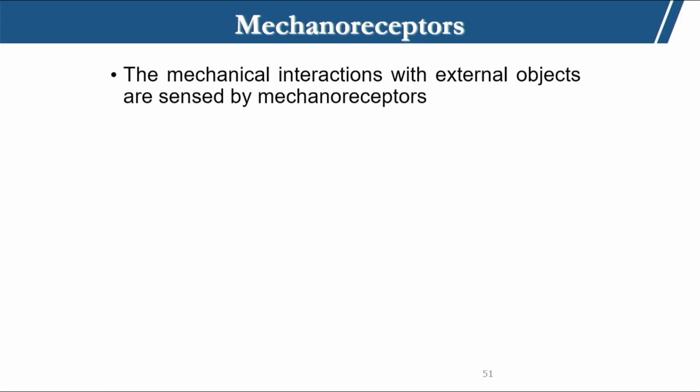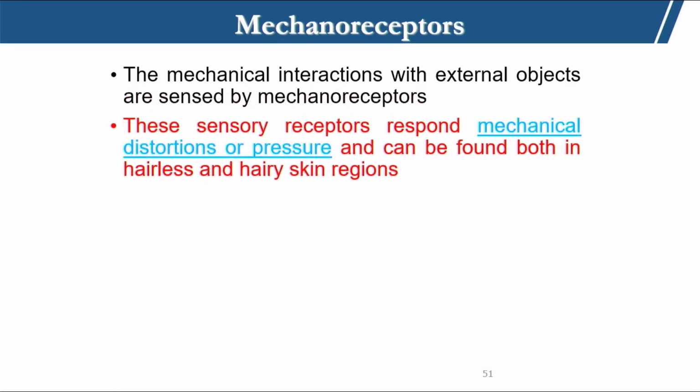Next are mechanoreceptors, which deal with the external object, mechanical interaction with the body. These sensory responses are basically to mechanical distortion or pressure.